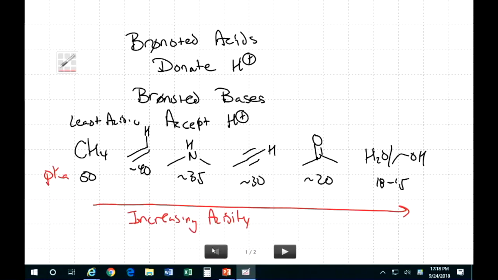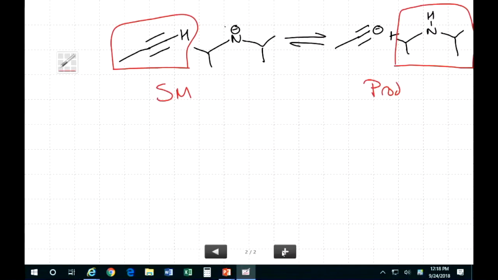So if we look, alkynes are further to the right than amines. So the alkyne is more acidic than the amine. If we look, our more acidic acid is on the starting material side, and our less acidic acid is on the product side. So this reaction would occur.